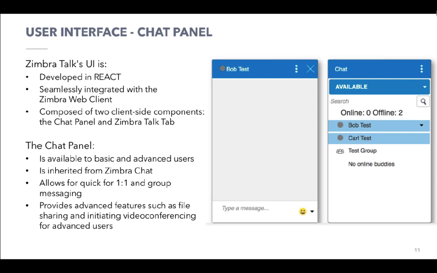You see it here on the right. You are able to maintain your buddy list here. You can add users. The window on the right is your buddy list, where you can manage your users. You double click on a user and a chat window opens, and you can start a one-to-one and a group chat from this window.